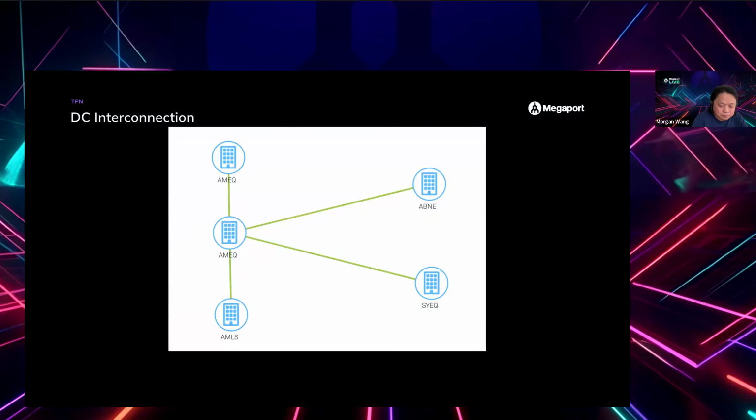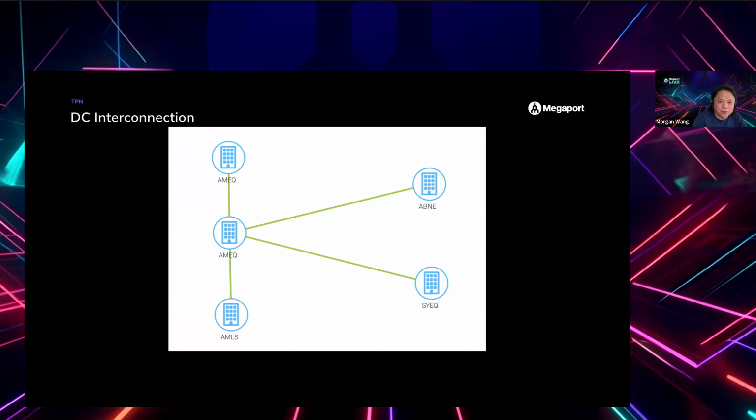The third typical scenario of TPN is data center interconnection. This is probably a more simplified solution because it doesn't require the integration between the MPLS network and the TPN network.